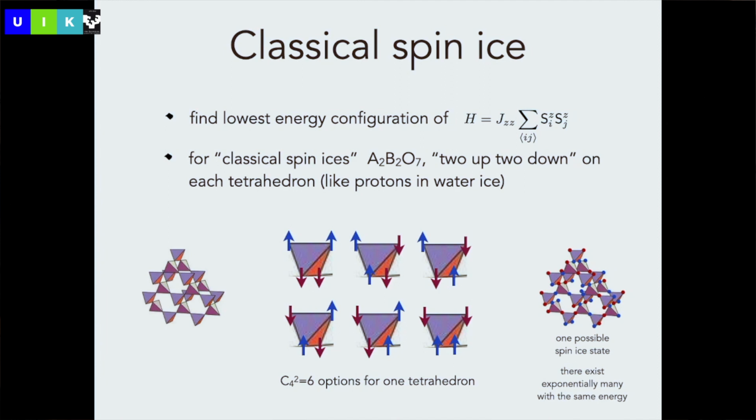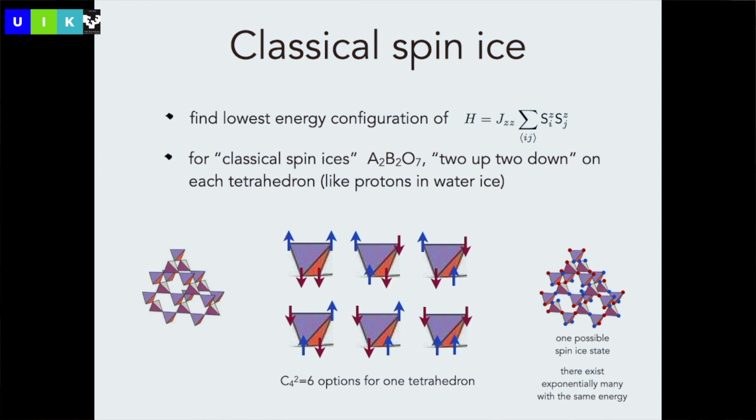And what happens is, because you have this sixfold degeneracy on each tetrahedron, and the lattice is covered by tetrahedra like this, you actually end up with an extensive degeneracy. Because each tetrahedron is almost independent, the choice that you make for each tetrahedron here is almost independent of all of its neighbors.